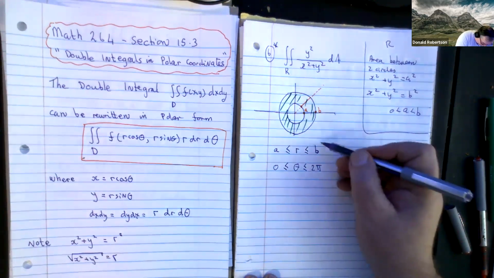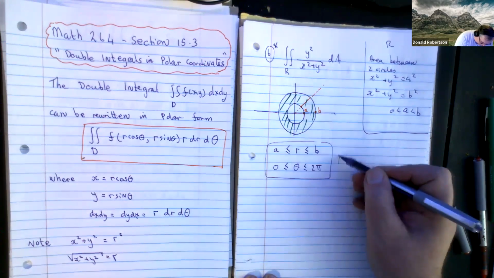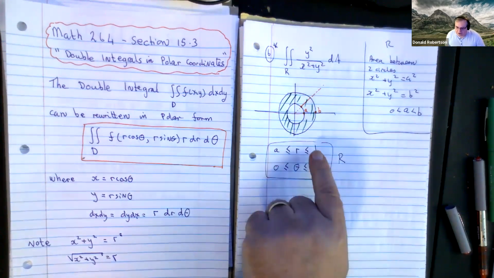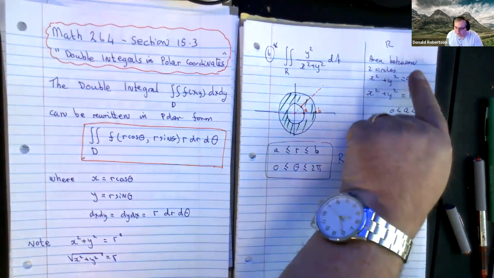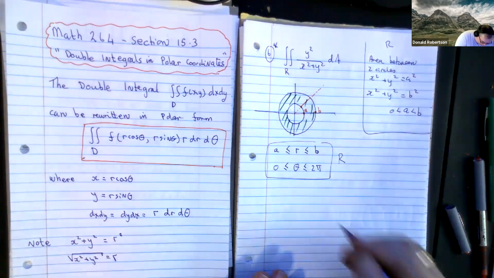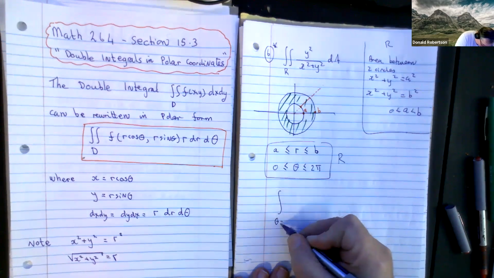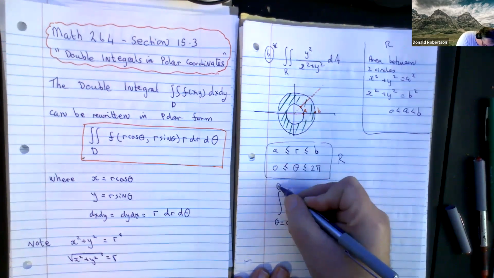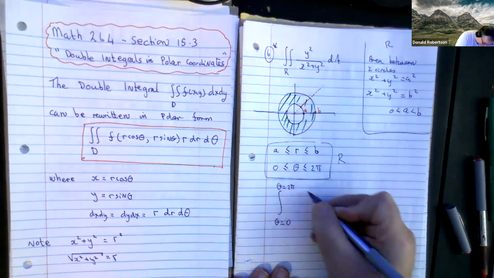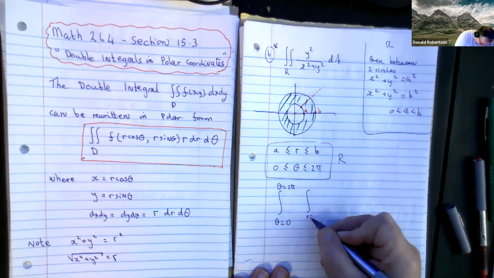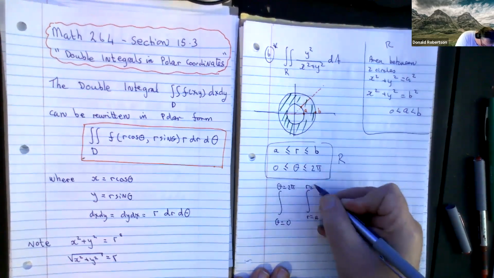Right, so this represents the same thing. That's the polar description of this region up here. So we're now going to do the integral from theta equals 0 to theta equals 2 pi, and the integral from r equals a to r equals b.